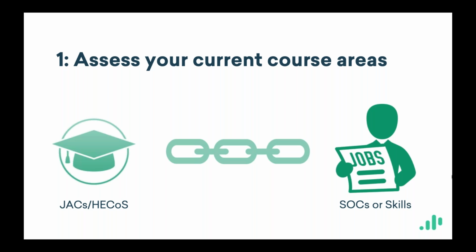So there are ways of using skills to map, but it is a far more complex task. Linking through to occupations is a simpler task, but it's certainly not necessarily straightforward, and you need a framework to be doing this.